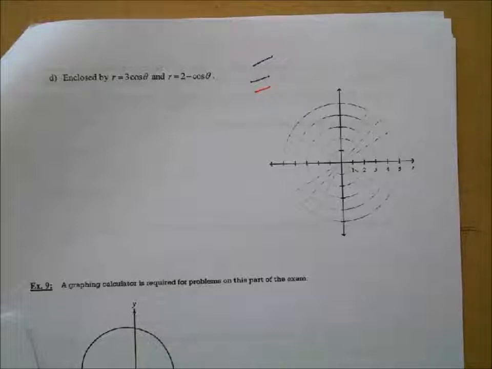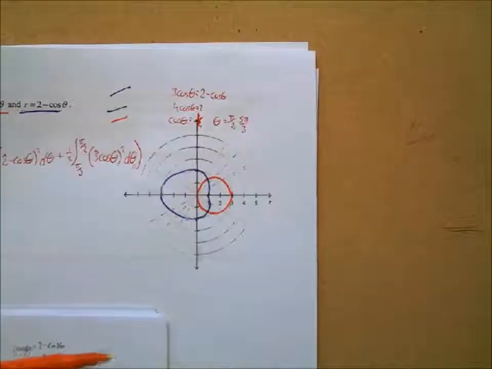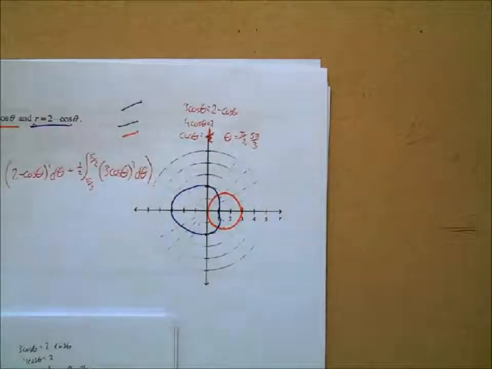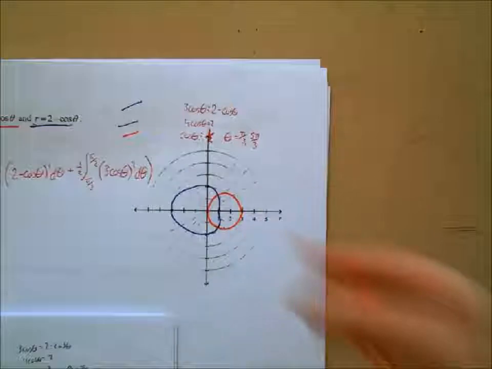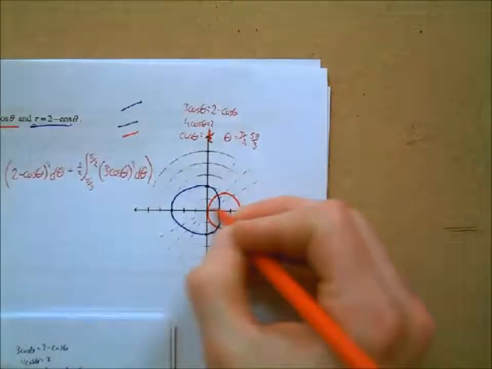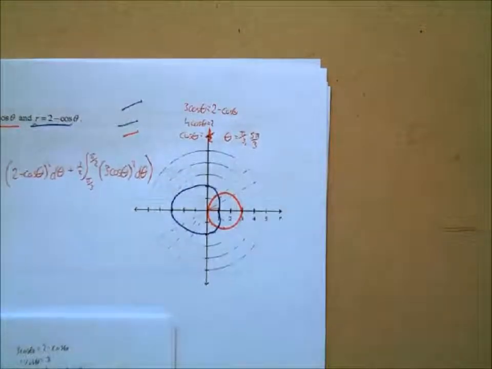Okay, so I'm going to zoom in here on just the graph first. The important stuff there. Again, it doesn't say common interior, it says the region enclosed by these two curves.